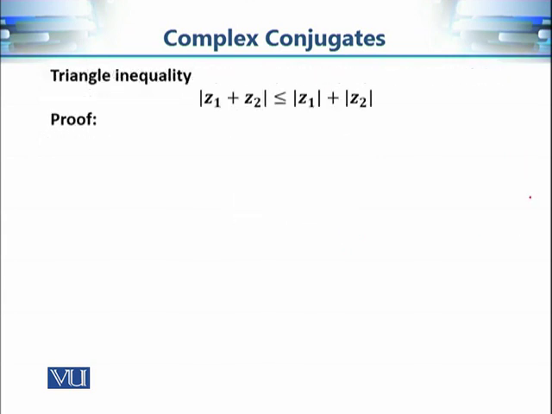Now we have seen the triangle inequality, which gives us an upper bound for the sum of two complex numbers. Using these properties of conjugates, we can prove the triangle inequality in the following way.